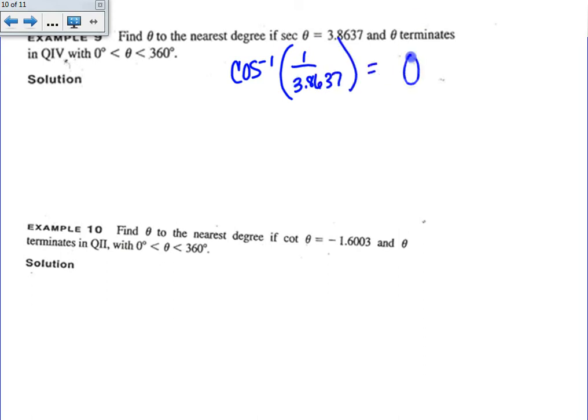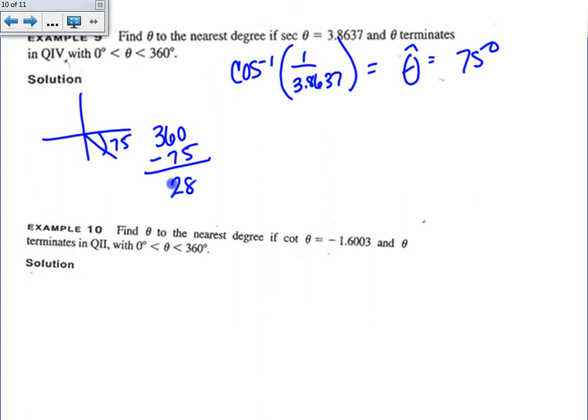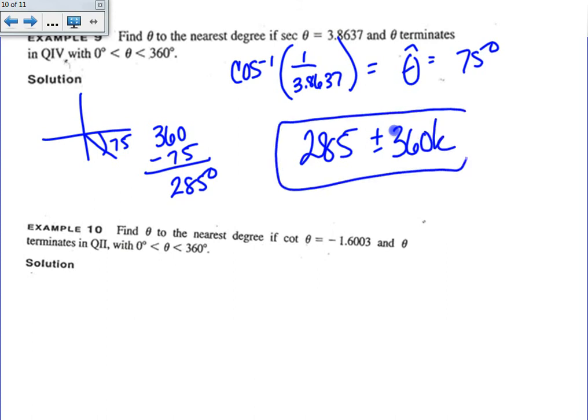And this will give us our reference angle, which is 75 degrees, but they want us to be in quadrant 4. So if I think about having a reference angle of 75, that would take us back from 360 by 75 degrees, which gives us 285 degrees. So our solutions are 285, add and subtract groups of 360.